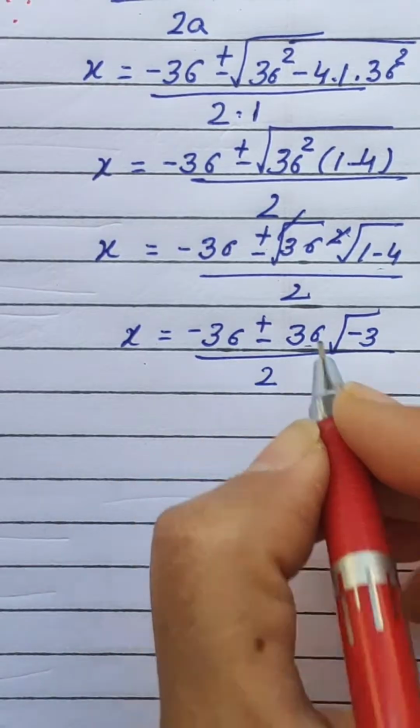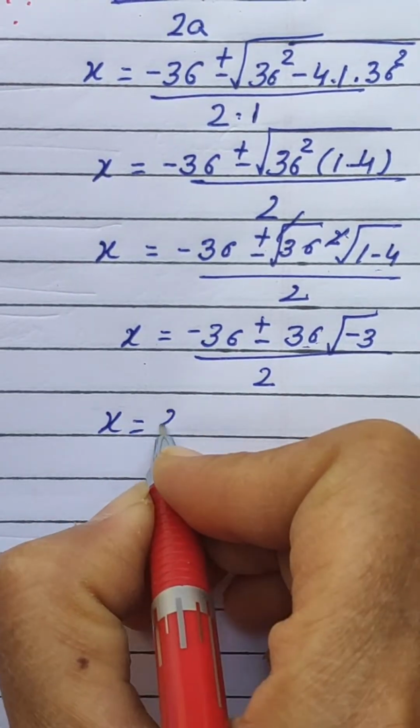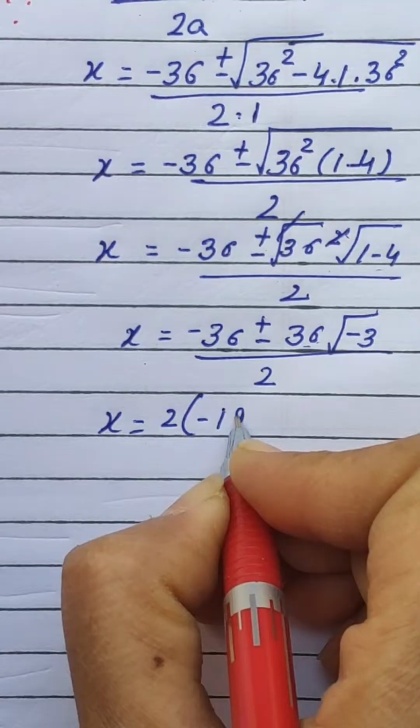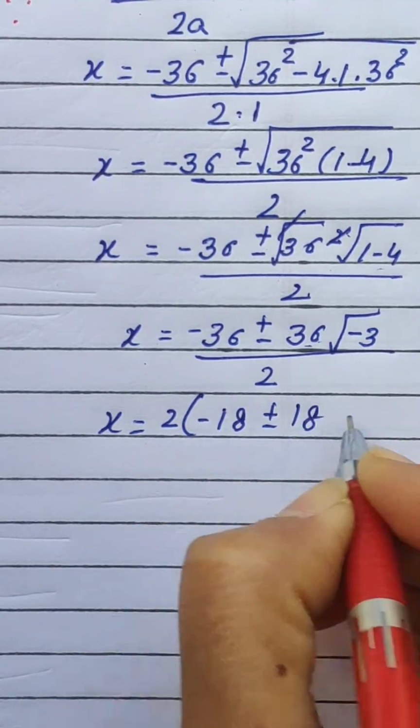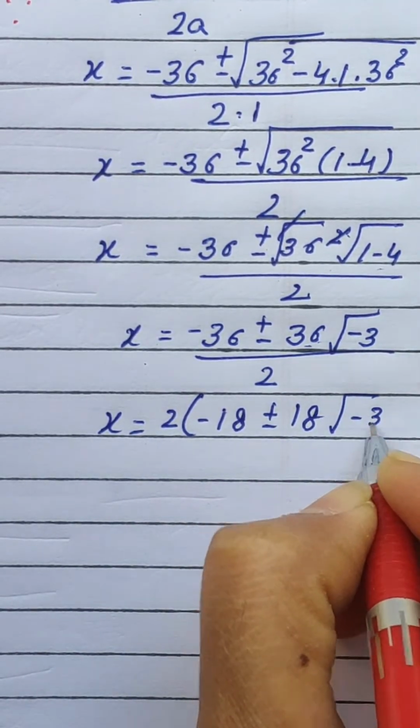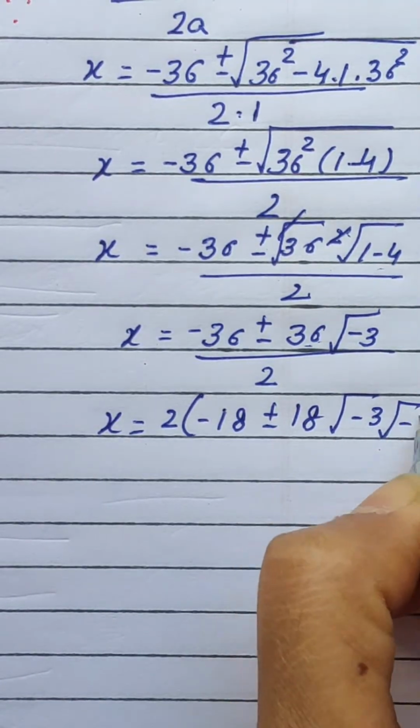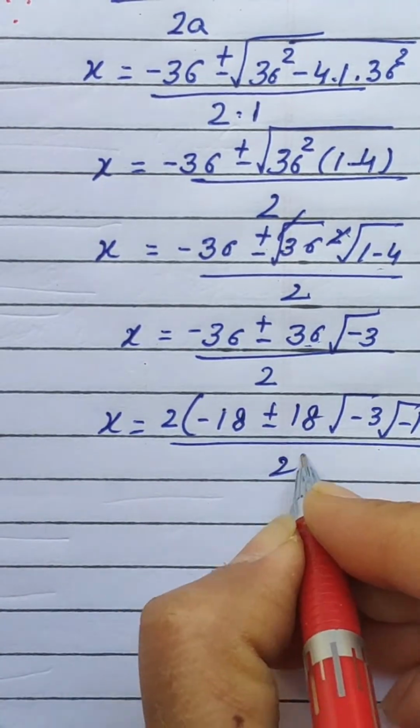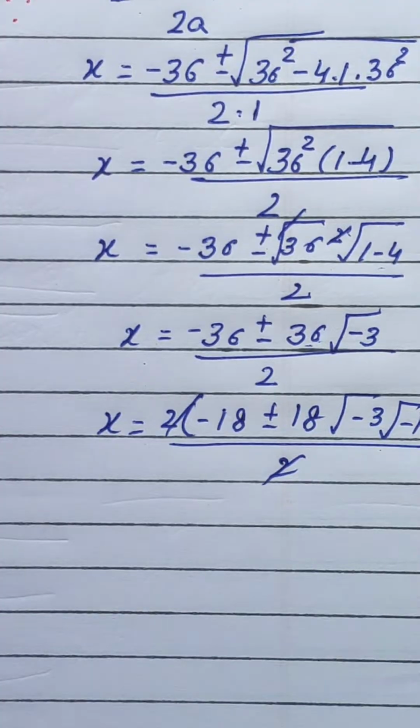Now we can take 2 common here: minus 18 plus minus 18, square root of minus 3. Here 2, so we can cut this 2 with 2.